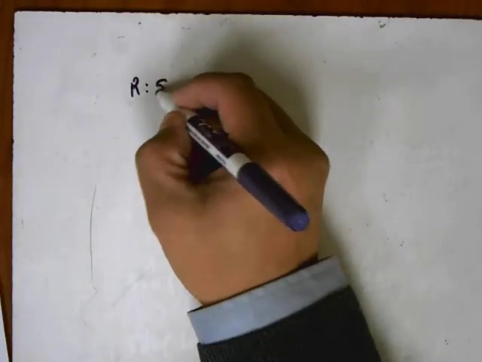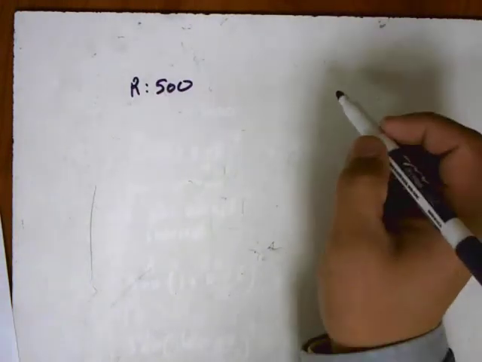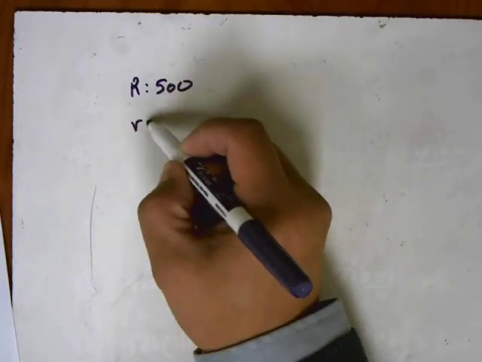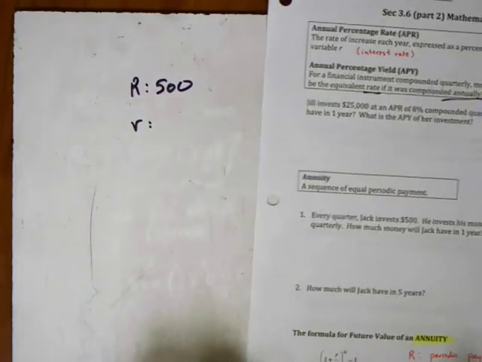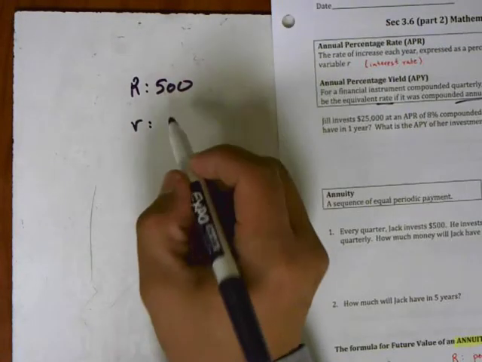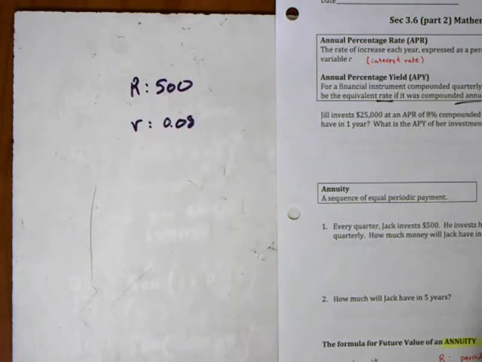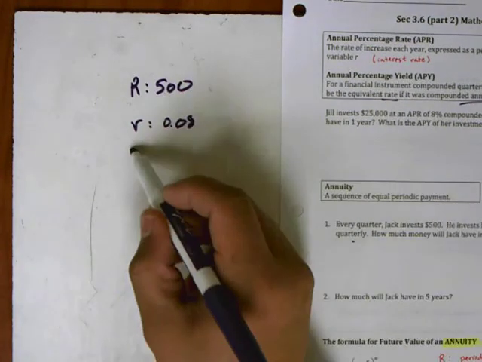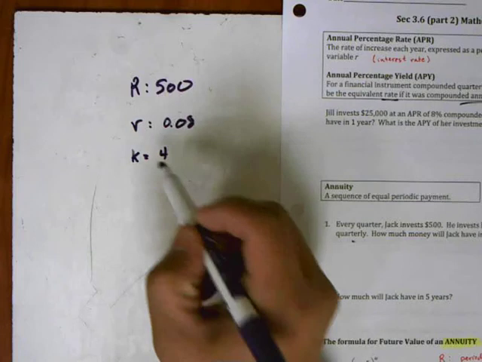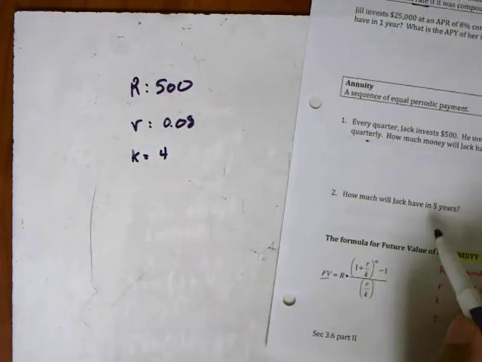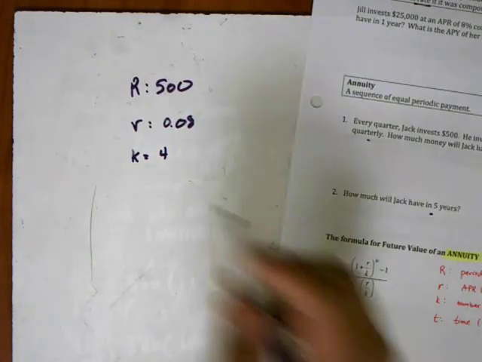Well, in this problem, Jack is investing $500, so big R is 500. He has an APR of 8%, so little r is 0.08. It is compounded quarterly, so K is 4. And the question is asking for a period of 5 years, so T is 5.